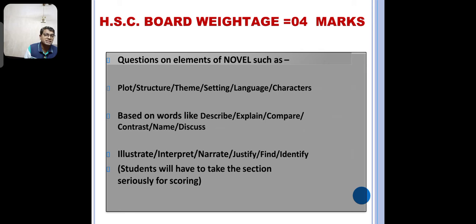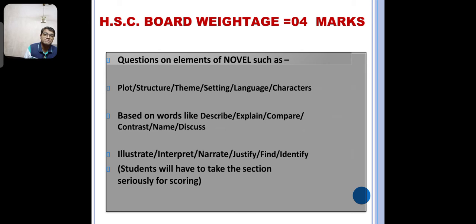We have to understand what kind of activities are prescribed for this section. That is very important. There is no paragraph and no extract given here. You have to memorize and understand the novel, the concept of the novel, the main characters, the minor characters, the theme, and the summary of the novel.